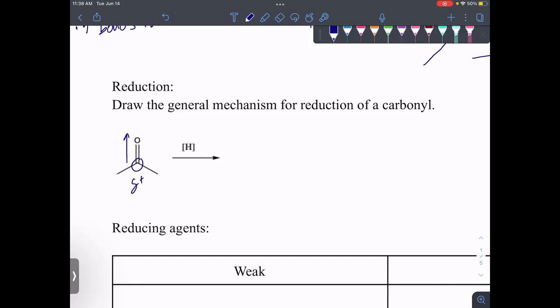And then being delta positive is going to make it electrophilic, right? Because it has less electron density. So because that carbon is delta positive, you can have all sorts of nucleophiles go in there and attack. And basically what just happens, you just add some random stuff onto the carbonyl carbon.